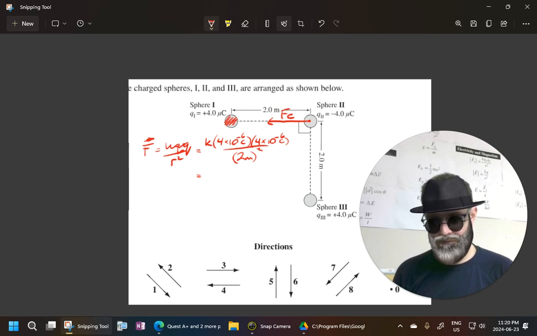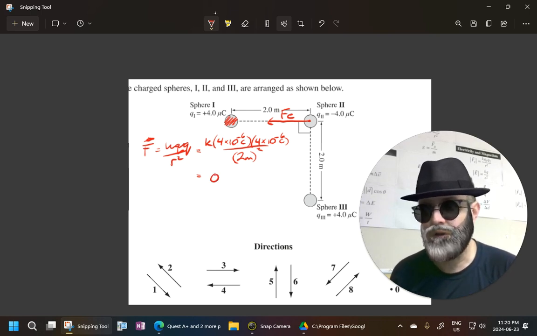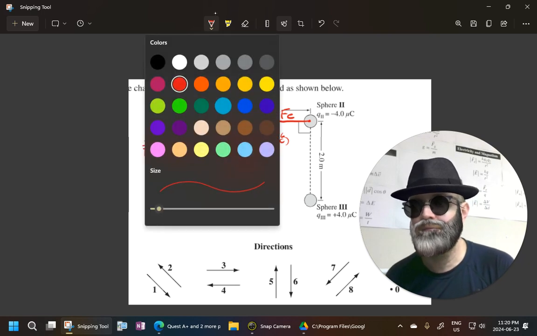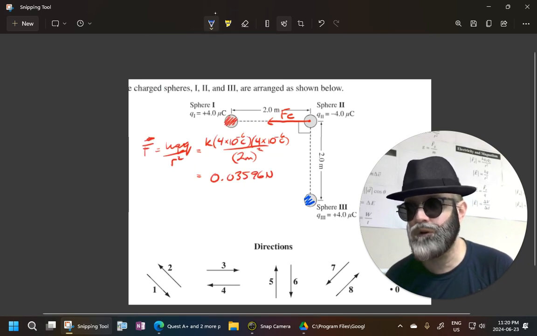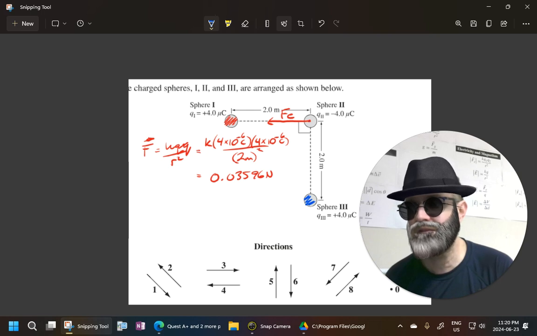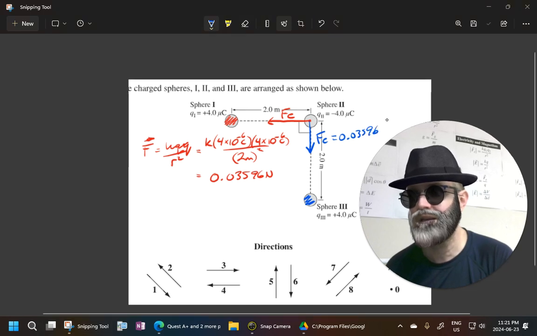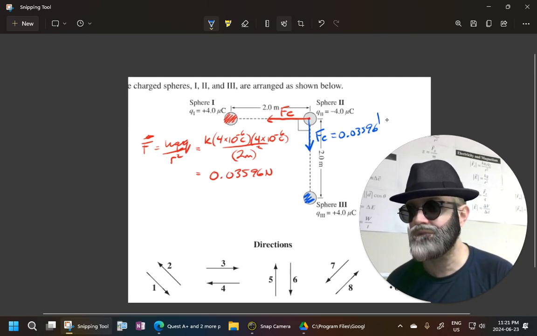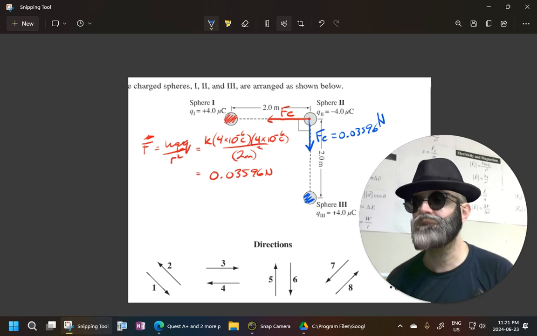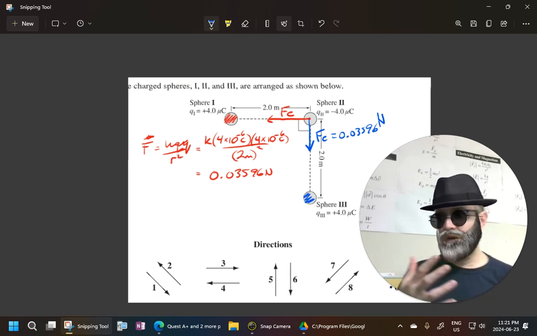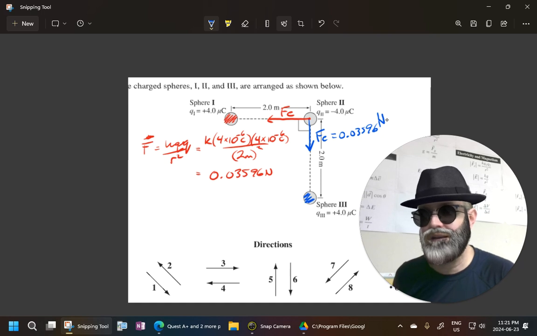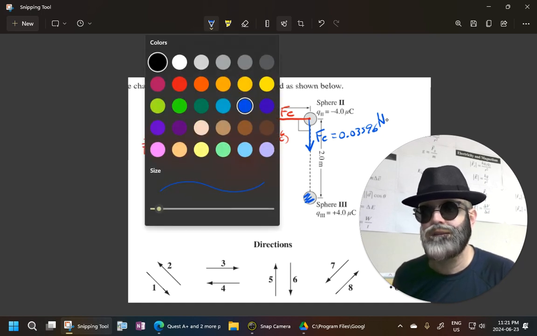Okay. So we get this force, 0.03596 newtons. And if I did this all over again, say with this force, which is a positive, negative, I would get the exact same thing, 0.03596, because the math would be exactly the same. I don't see why the numbers would end up being any different. Okay, so now we know those, and this one's all y, this one's all x. I can just go down here and put them all back together.